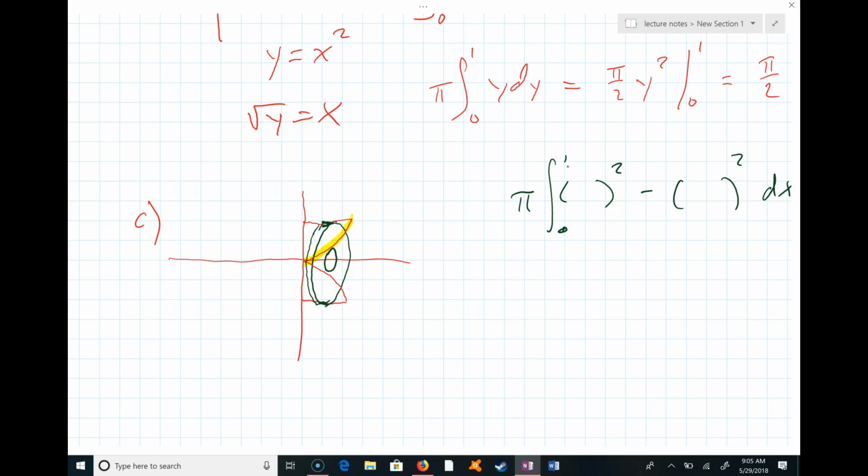Whether you rotate around the x or y, or whether you do other things we're going to do, has no effect on the limits of integration. The limits of integration are completely determined by the region that I'm working with. Okay? So you don't let all the other stuff confuse you. Okay.